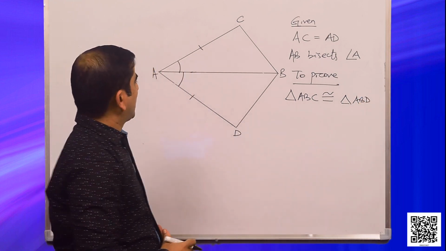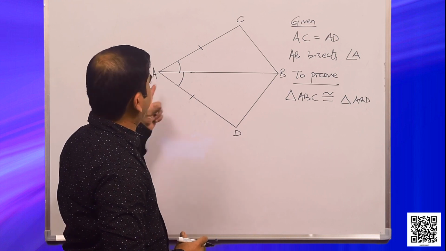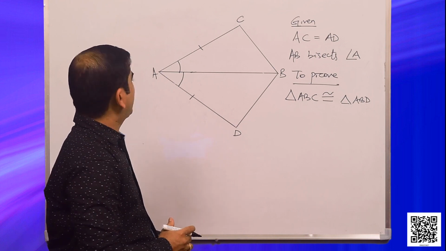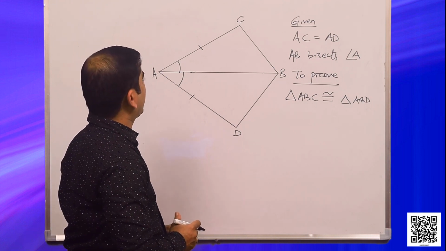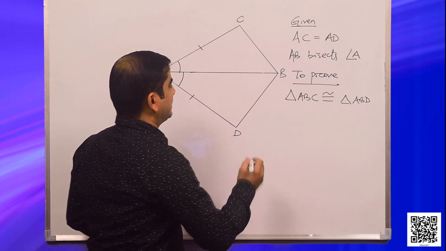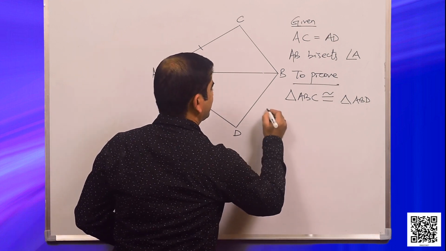Students, as per the given data, as AB is the bisector of angle A, what is the relationship between angle CAB and angle DAB? They are equal to each other.